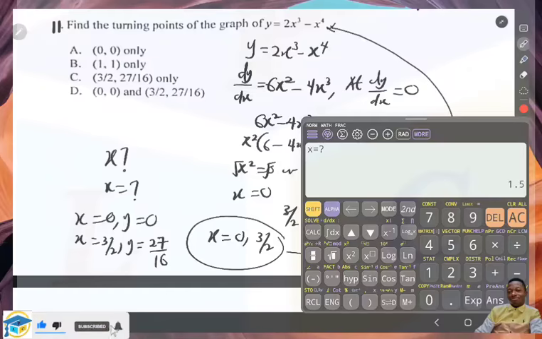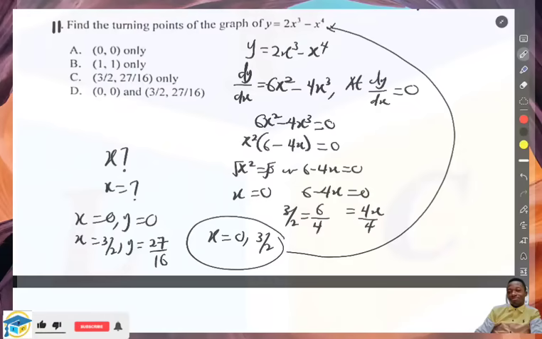Whatever you want to solve, just type it. Let's say I want to solve for 2, I press 2 and the equal sign, and I get the value. If I want to solve for 1 over 5, I type it, press equal, and I get the value of the function. That's how we go about it so that your work is done perfectly.